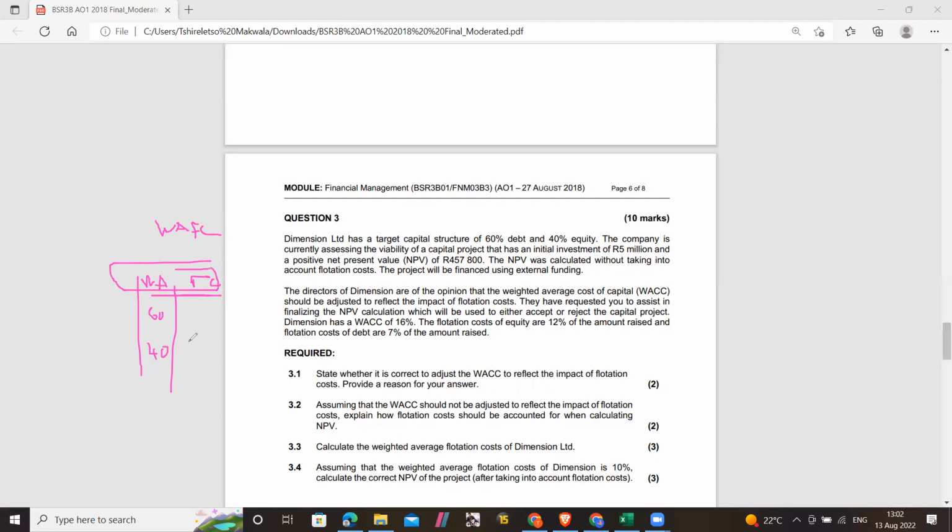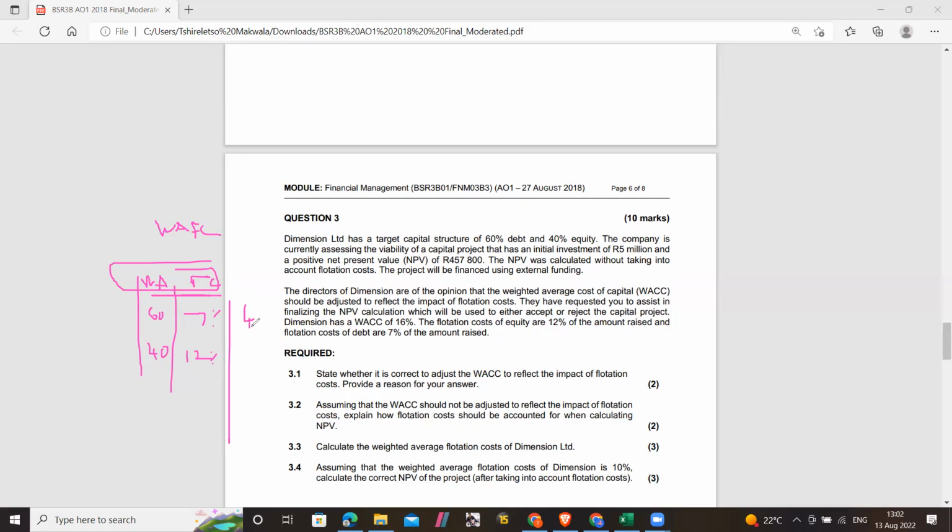So this multiplied by this will give us the weighted average flotation cost. For debt, the weighting is 60% and the flotation cost is 7%. For equity, it's 40% and the flotation cost is 12%. Let's calculate. Firstly, 60% multiplied by 7 gives us 4.2.